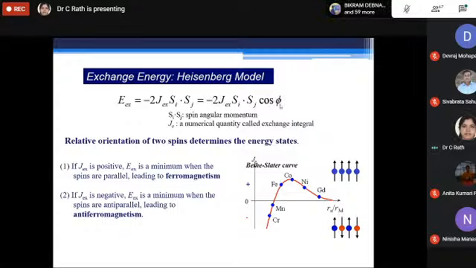If phi is equal to 0, all the spins are aligned in one direction. Anyway, Jex has to be positive when both these moments are parallel, when it is ferromagnetic. But when it is negative, it becomes antiferromagnetic.